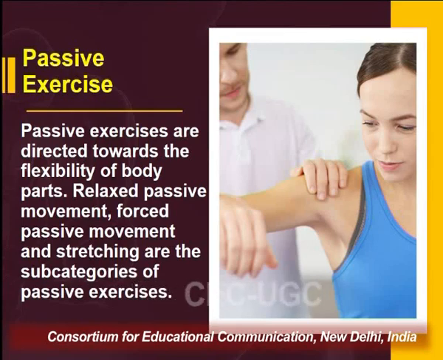So during relaxed passive movement exercise, a joint is moved through an existing range of motion. Forced passive movements are localized, quick movements where the joints are moved passively beyond the existing range. These are also referred to as manipulation.